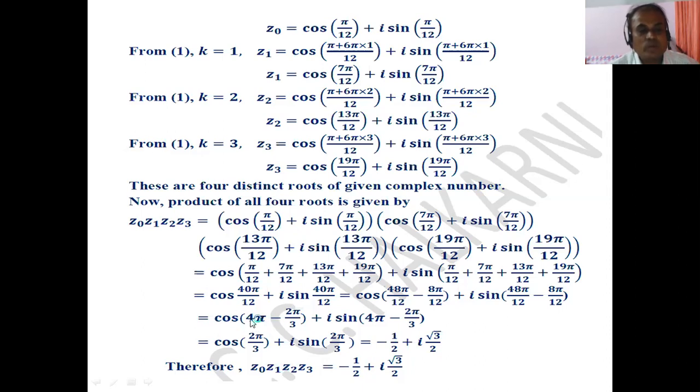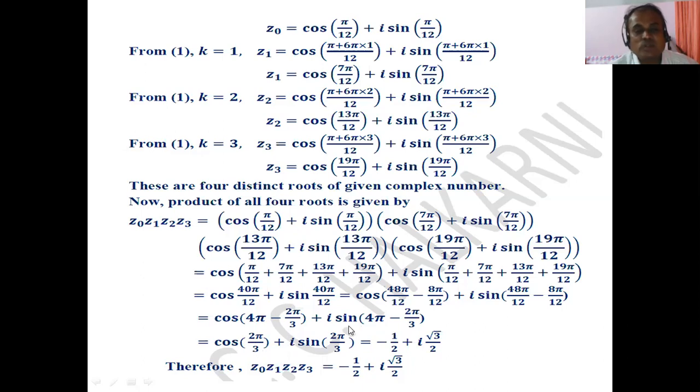Therefore cos of 4 pi is positive 1, into cos of 2 pi by 3. And the sine value for an integer multiple of pi is 0, therefore sine of 4 pi is 0. So the other factor is 0, and therefore the only value is cos of 2 pi by 3.